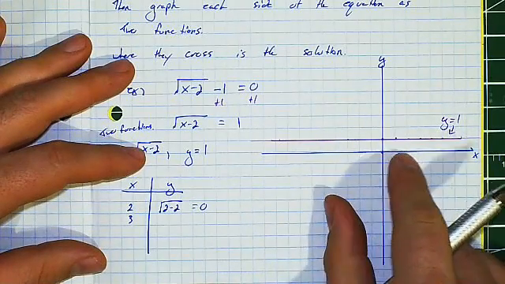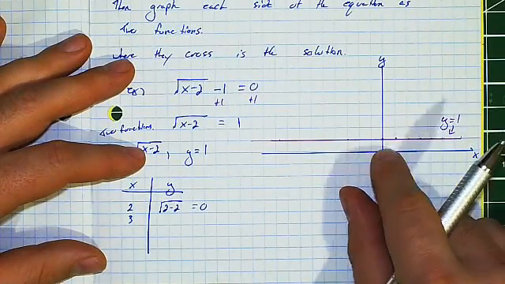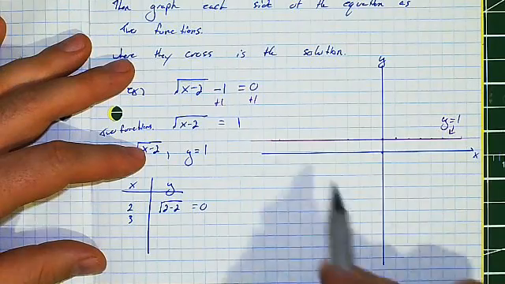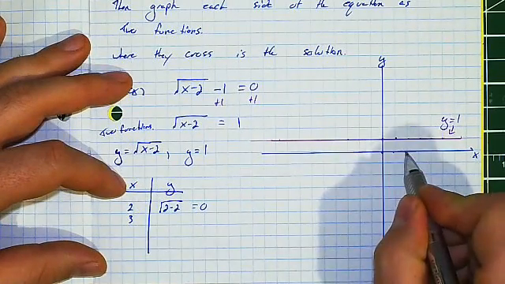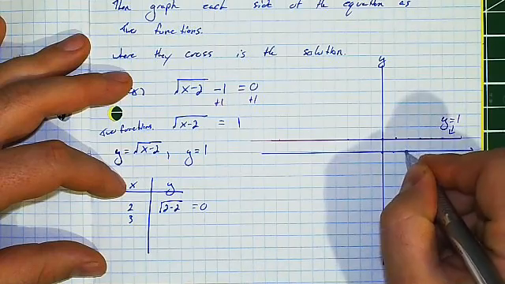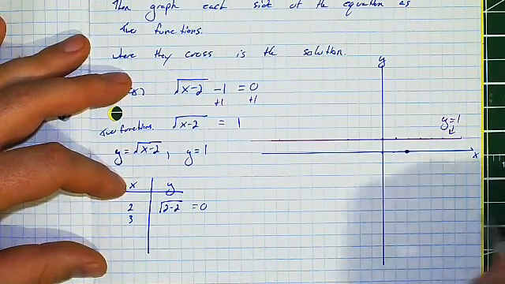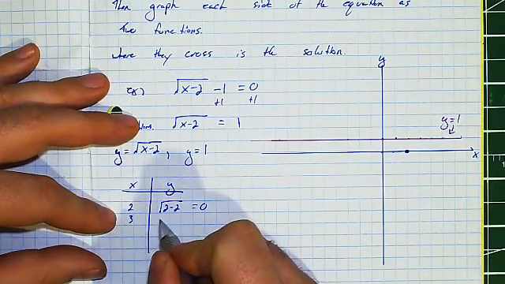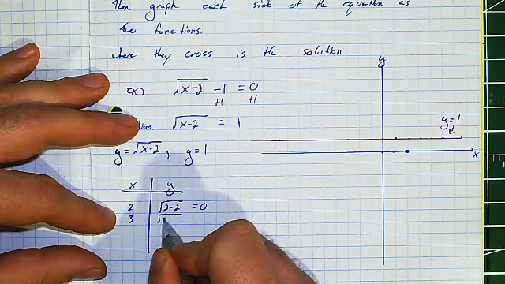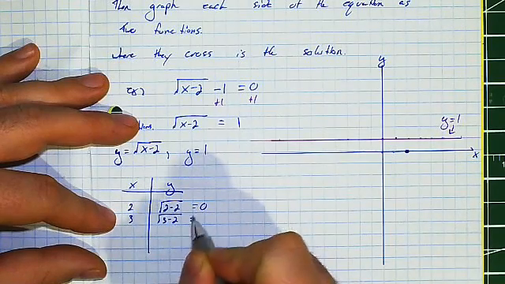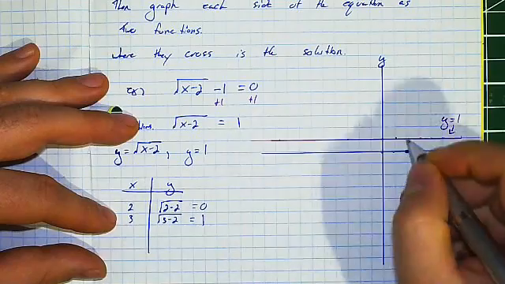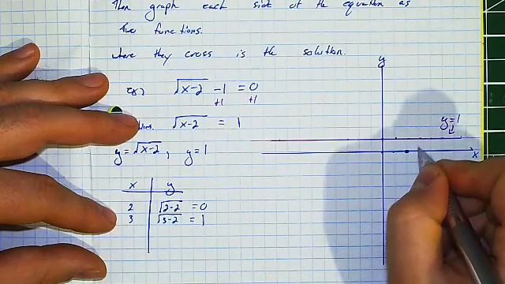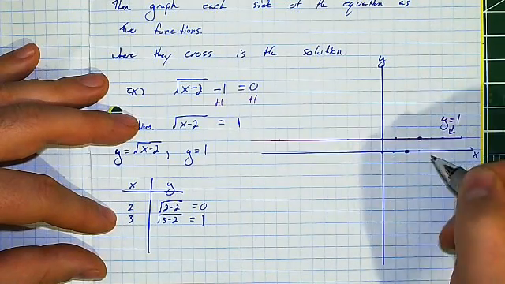So when x is 2, my y is going to be 0. Now I'm going to pick when x is 3, so I'm going to have y equals the root of 3 minus 2, and 3 minus 2 would be 1, the square root of 1 is 1. So when x is 3, y is 1.